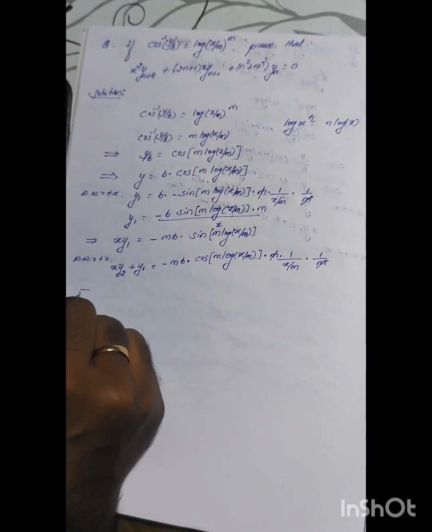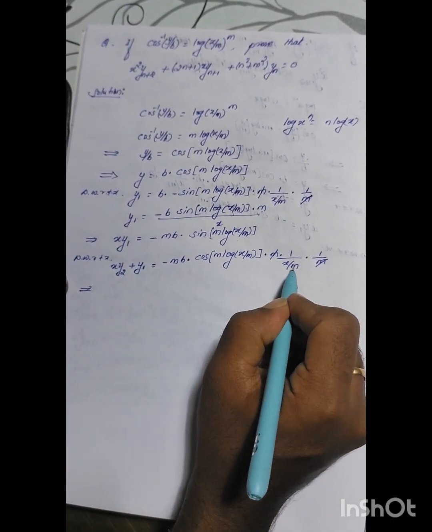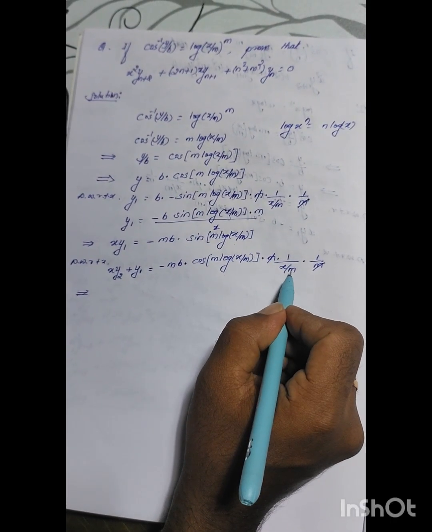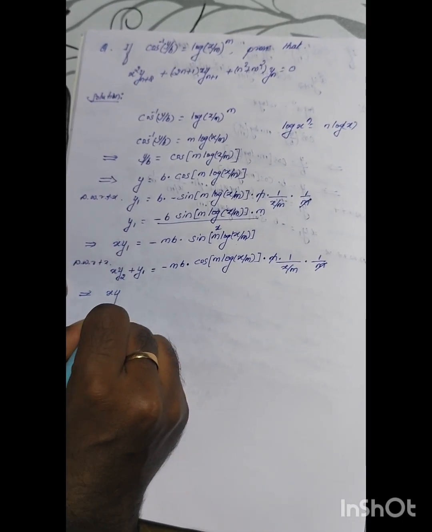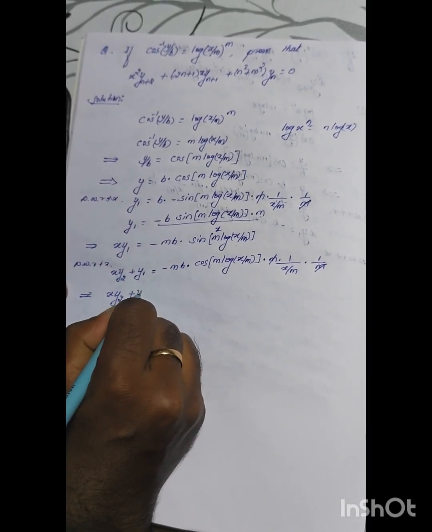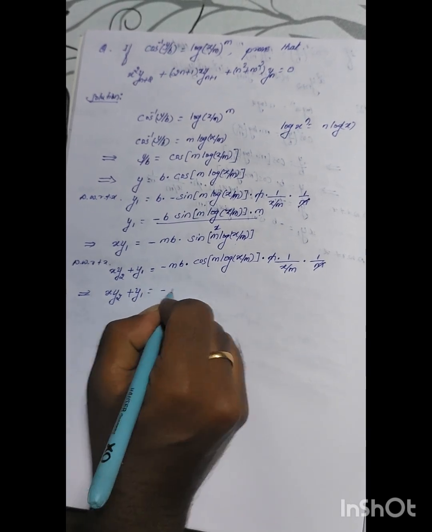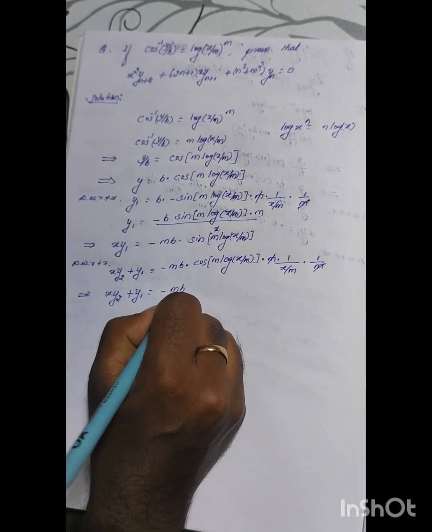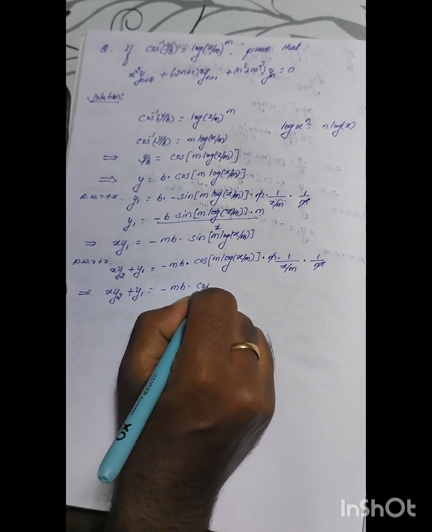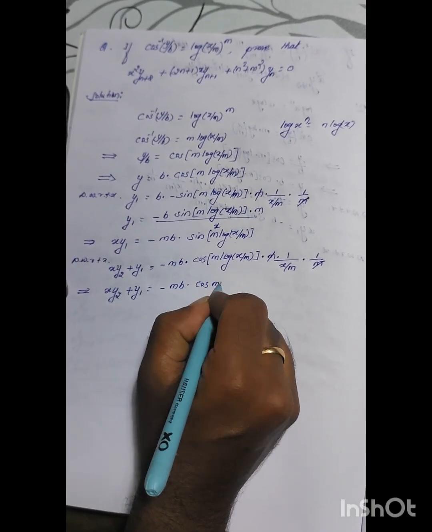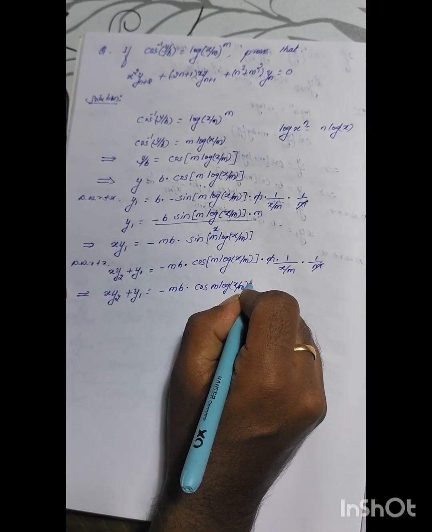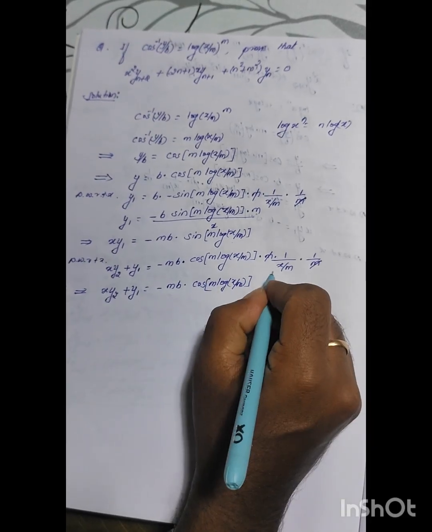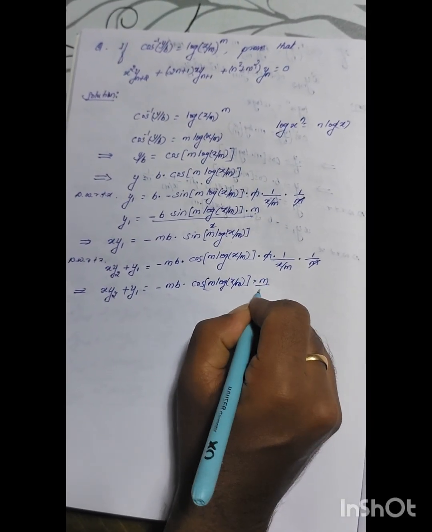So, see, x by m is there, so m will go to the numerator, x will come into the denominator, that is xy2 plus y1 will be equal to minus m into b into cos of m log x over m into, this will become m by x, right?